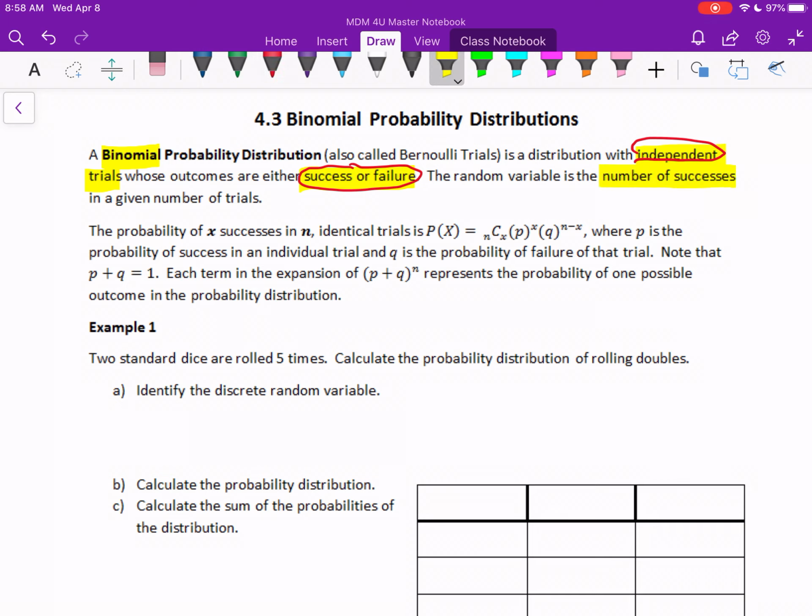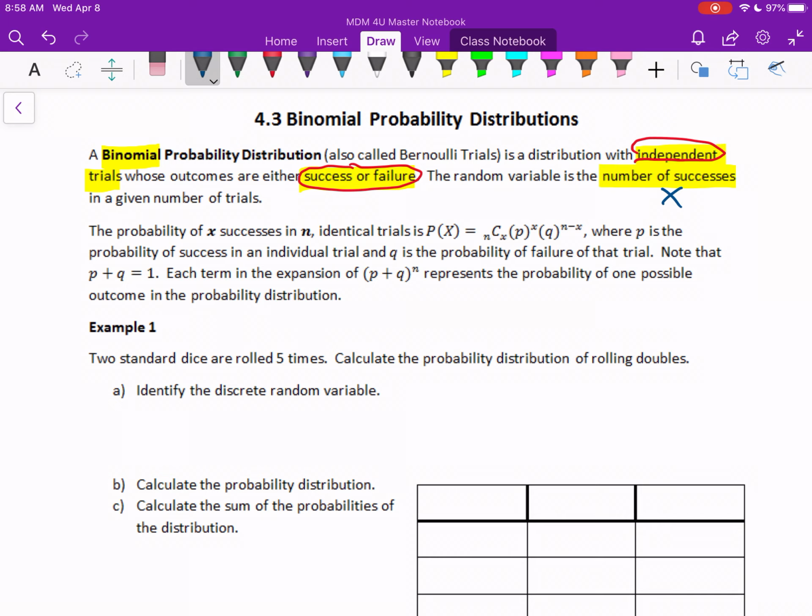So that is our random variable. All we're looking for is to count up how many successes we had. Again, if I was rolling a die and looking for 6s, say I rolled a die 10 times and I want to find the probability of rolling 3 6s, I can calculate the probability of that as success or failure.